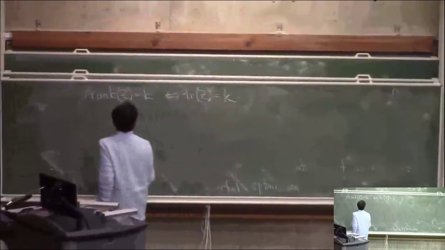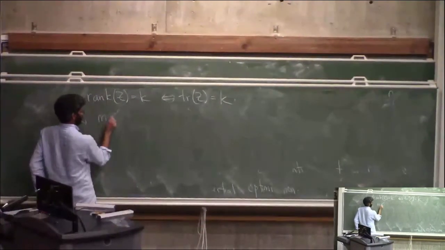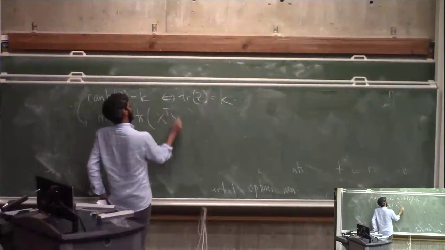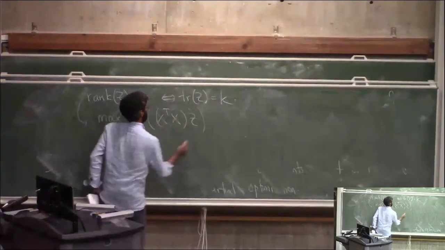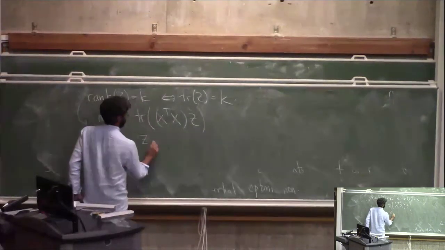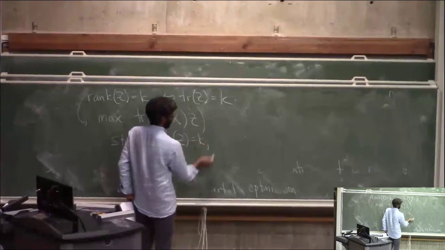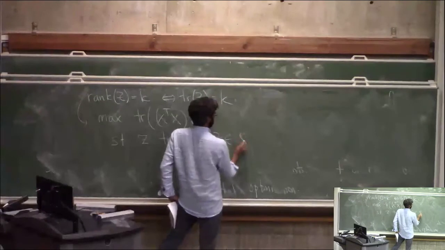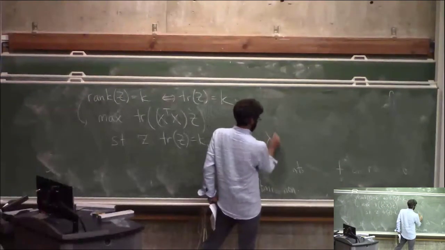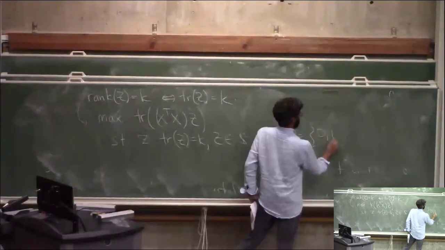And so what have we done so far? We're still at a non-convex problem, but you can say it's equivalent to maximizing the trace of X transpose X times Z, subject to Z having trace K, Z being symmetric, and lambda_i of Z, the eigenvalues, all being either 0 or 1.